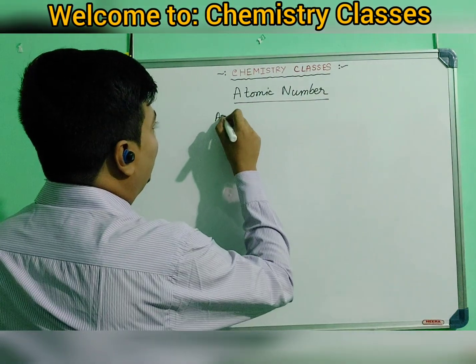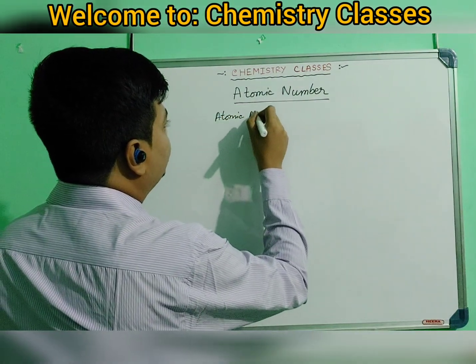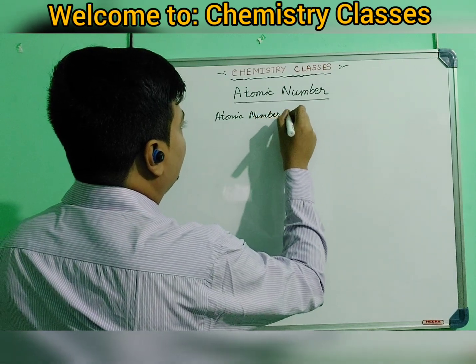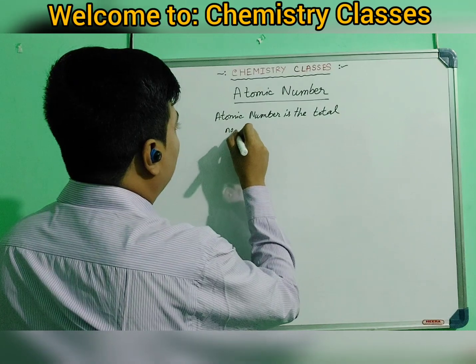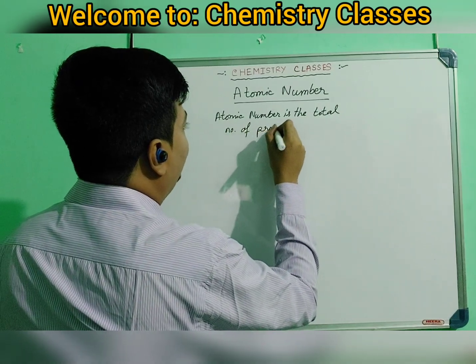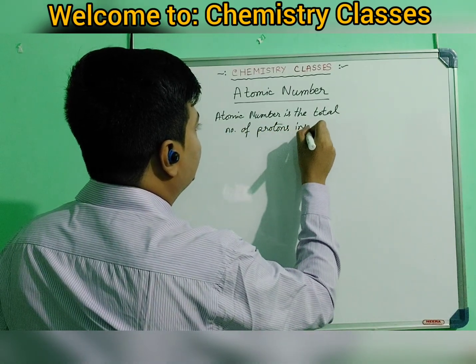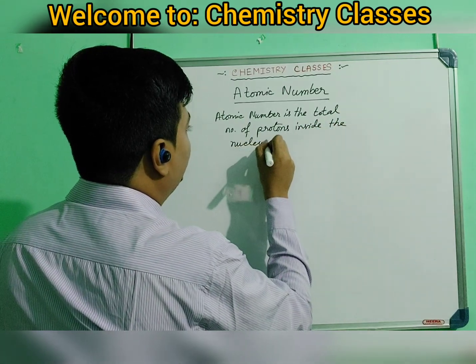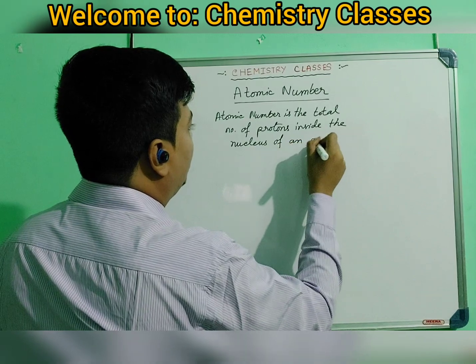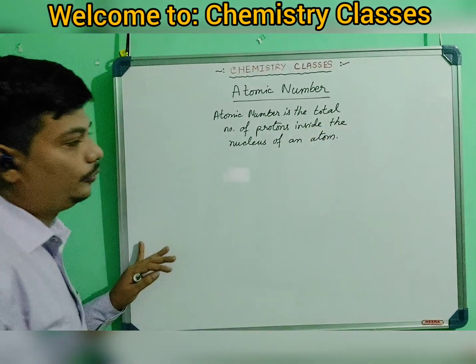So atomic number is the total number of protons inside the nucleus of an atom, right?